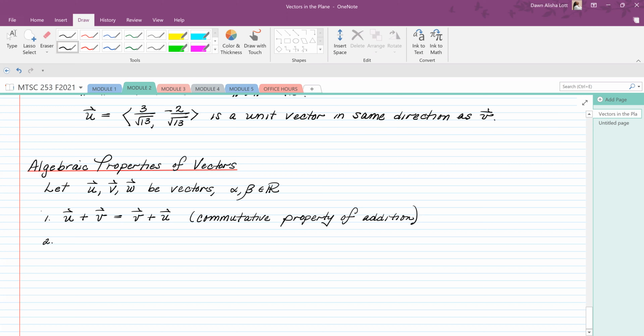Number two, u plus v plus w is the same as u plus v plus w, grouped differently.